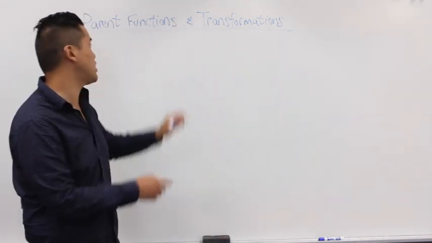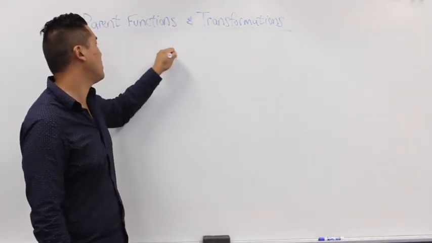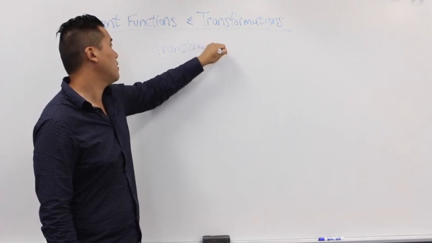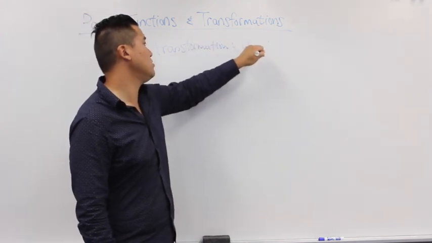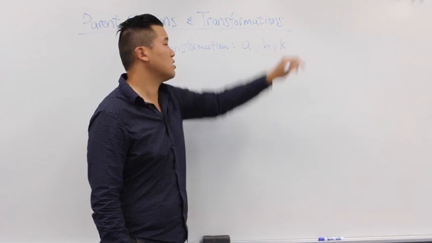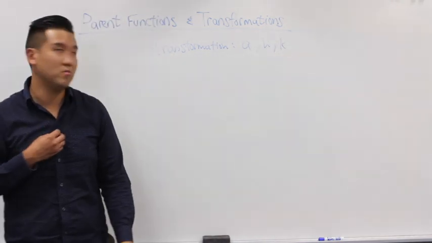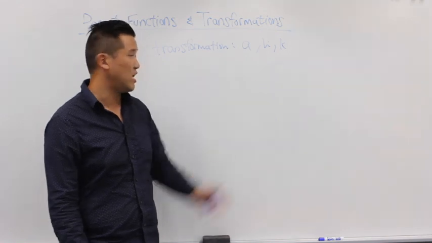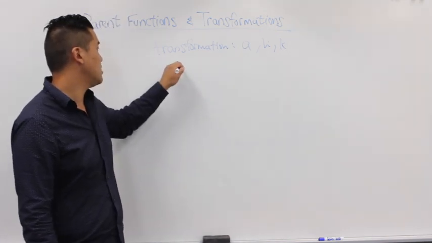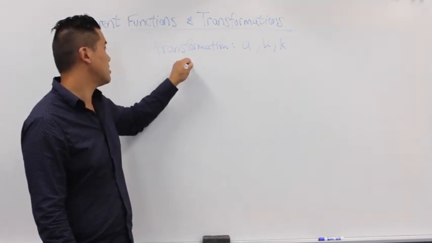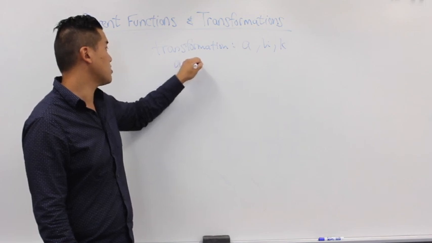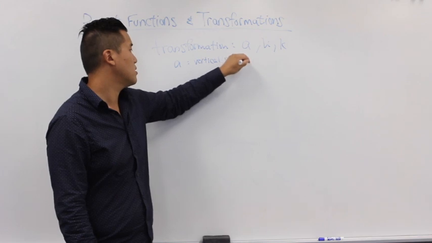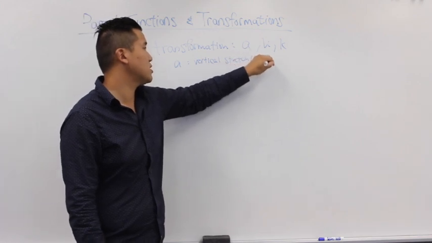All right, a transformation is going to have an a, an h, and a k value. Some functions add a b value, but we're just going to stick with the h and k. So a is going to represent vertical stretch or shrink, stretch or compression.